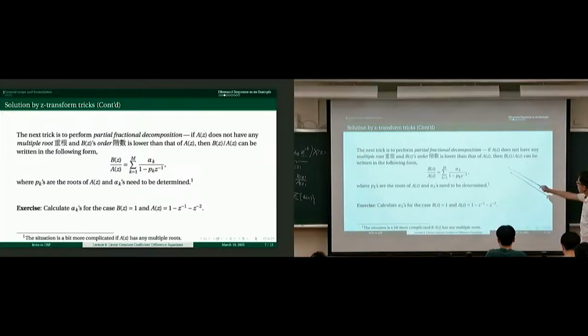This trick is called partial fractional decomposition. If we are fortunate that A(z) does not have any multiple roots and B's order is lower than that of A, then B(z) divided by A(z) can be further rewritten in the following form, where the P's are the roots, which we have calculated, and the alpha coefficients need to be determined, as I will show in the next slide.